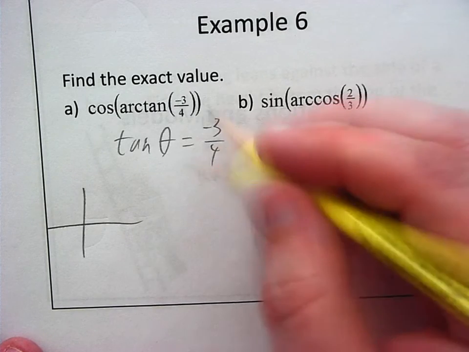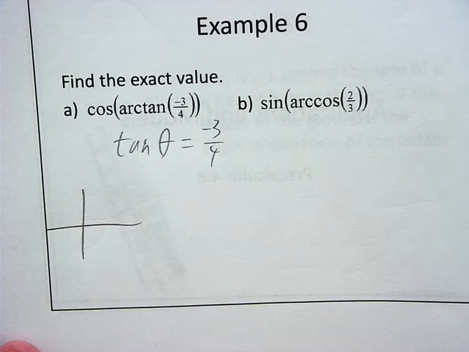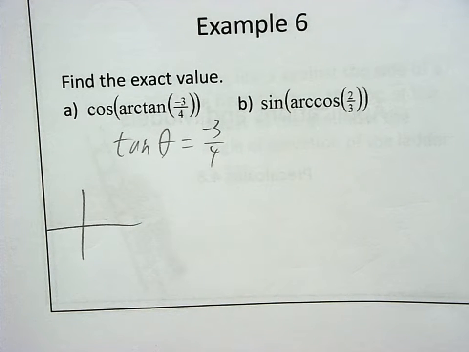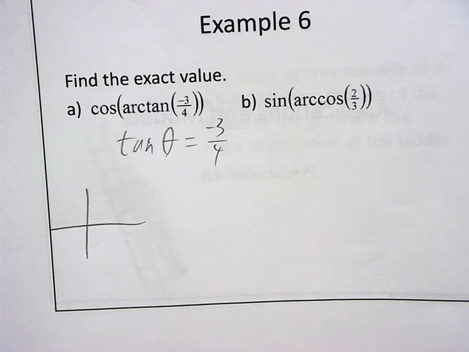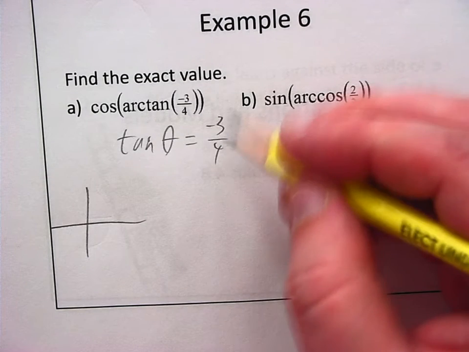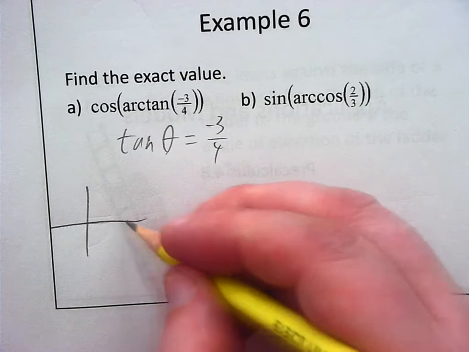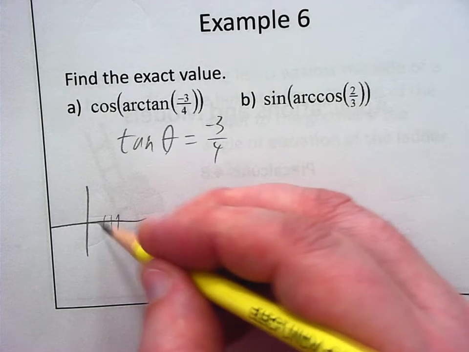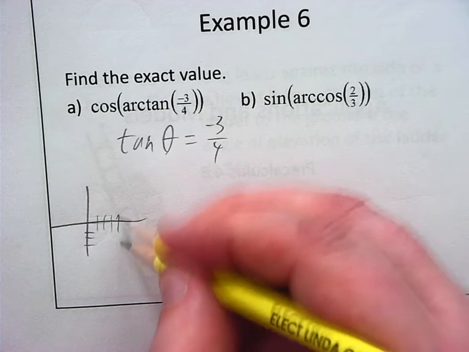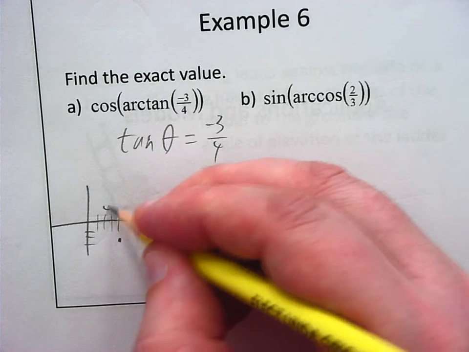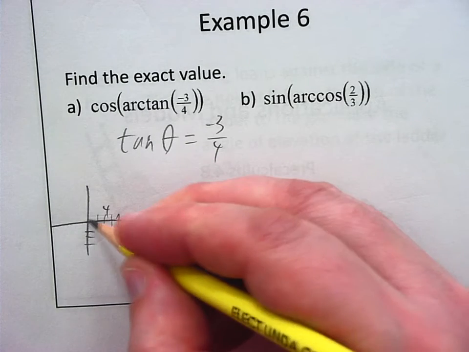So tangent is what over what in general? Sine over cosine, or opposite over adjacent. Now I'm going to cheat and use the right triangle to figure this out. If this ratio holds true, where you have 3 over 4, that means I'm going to go 4 out horizontally and 3 down vertically. So I have 4 and -3.